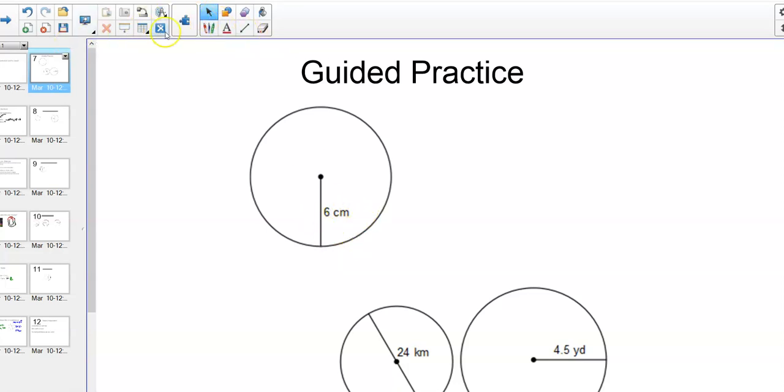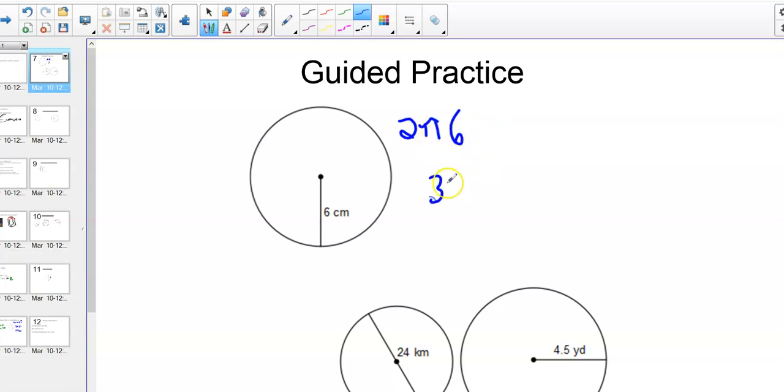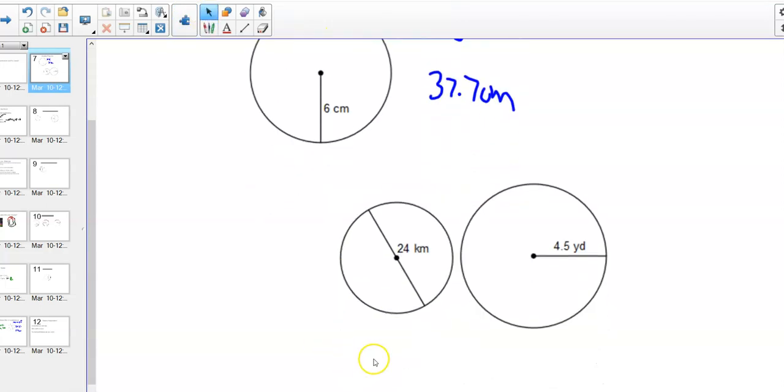So what we're going to type in our calculators is 2 times pi times 6. Go ahead and do that right now. And I got 37.69, so I'm going to write that as 37.7 centimeters.